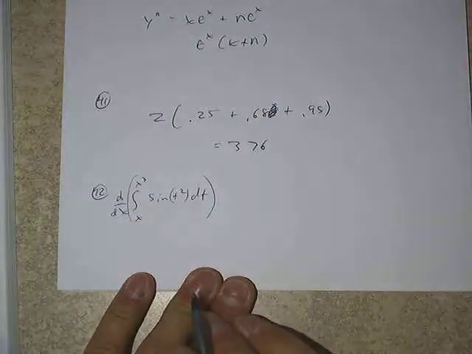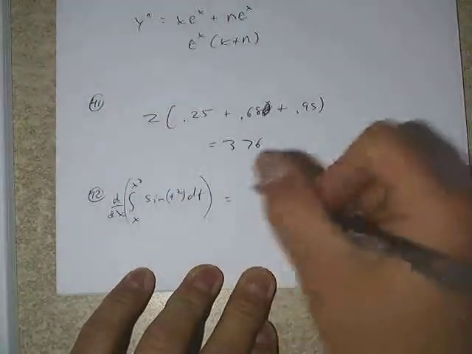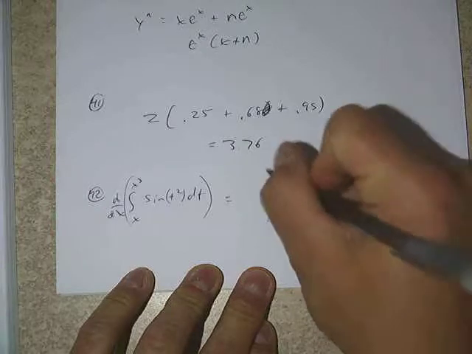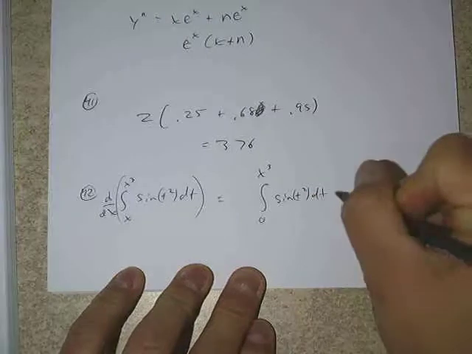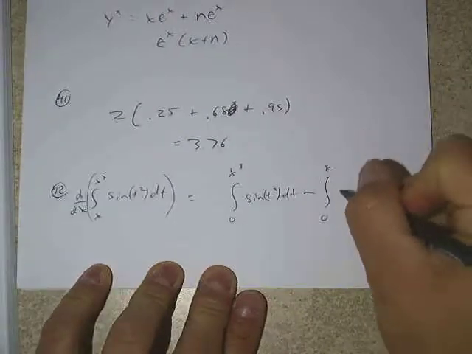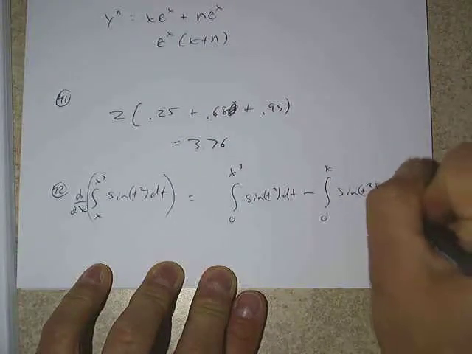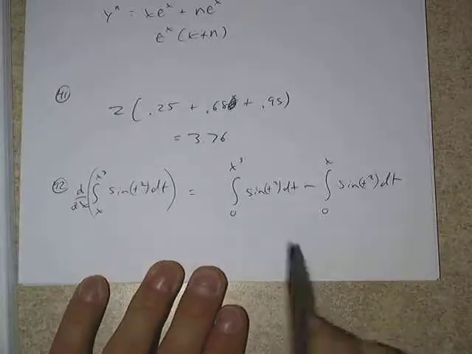42, we got, says d/dx, the derivative of the integral from x to x cubed of sine of t squared dt. So ultimately it looks like a fundamental theorem problem, but we can't apply the fundamental theorem because we have a variable lower limit.